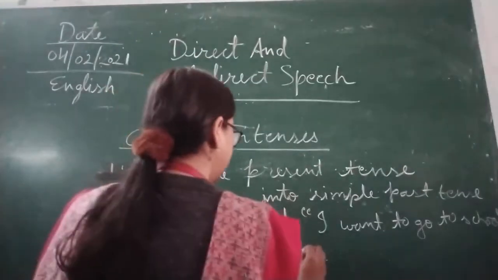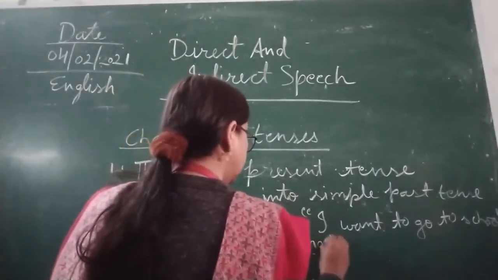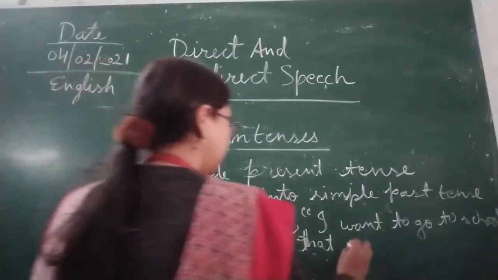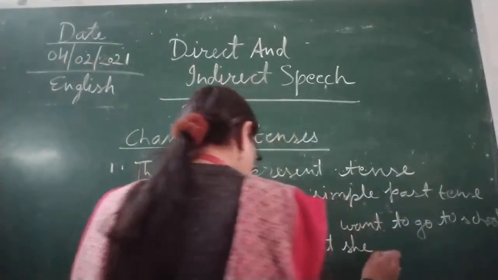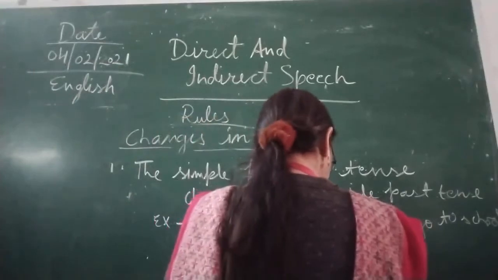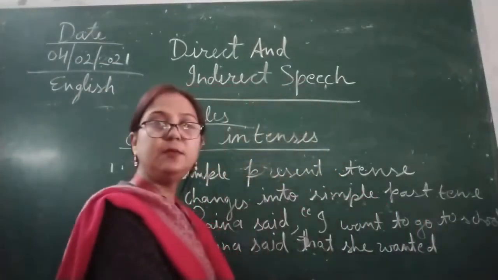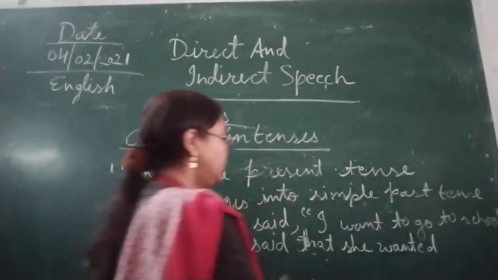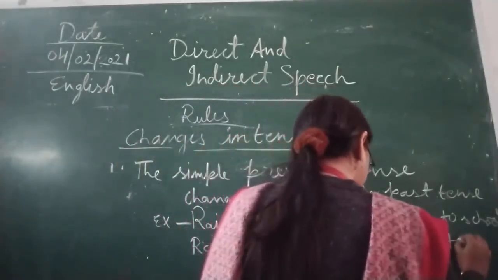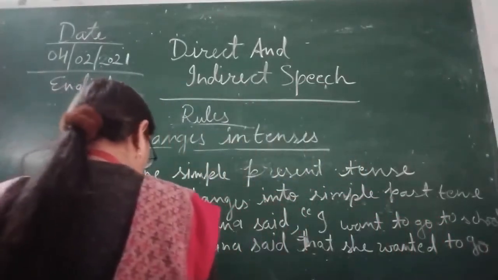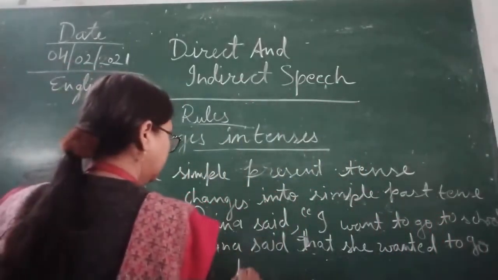In place of these we will add "that", and then "she wanted", because this is "want", so in past tense we change it into "wanted". She wanted to go to school.